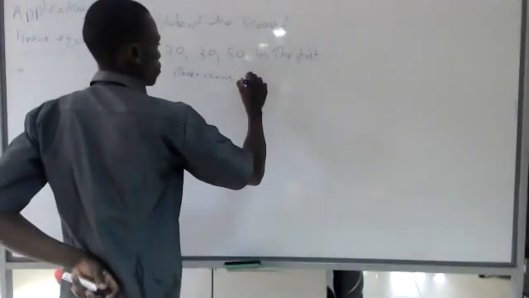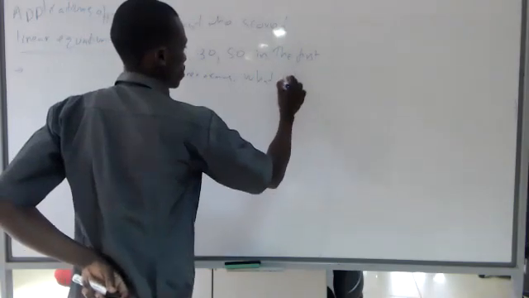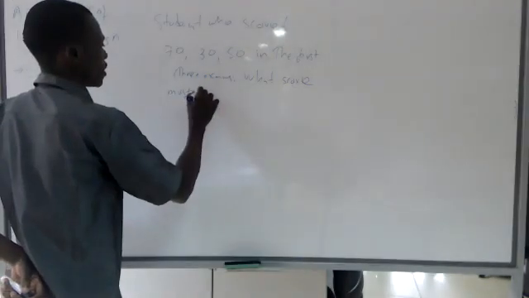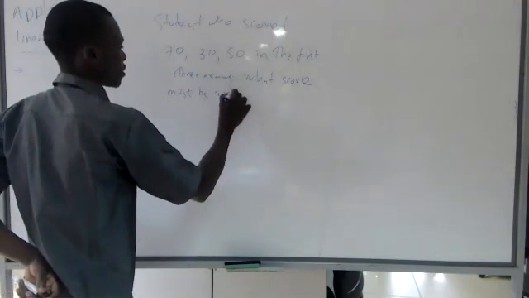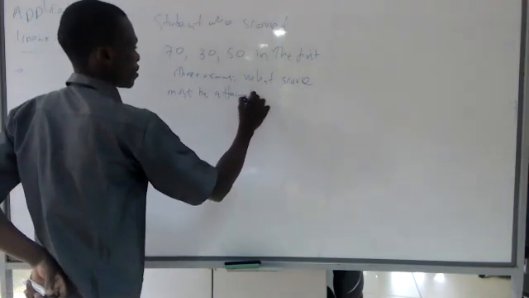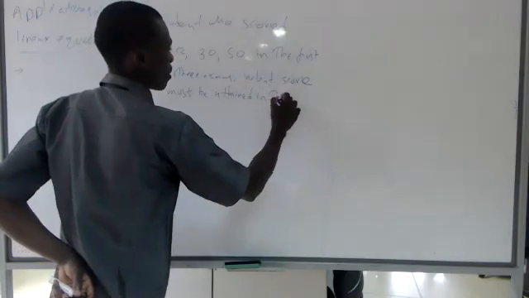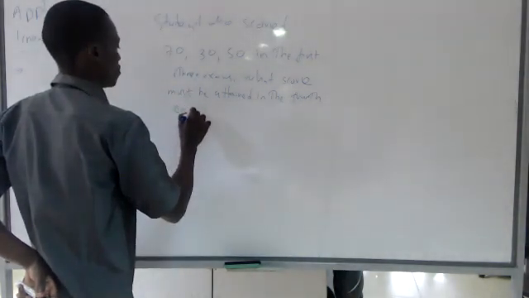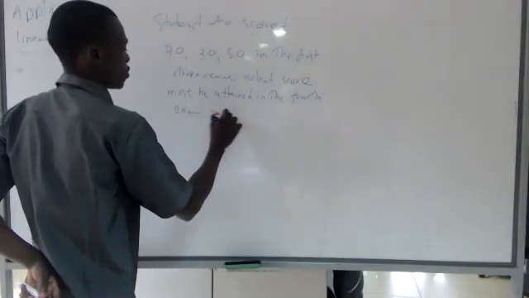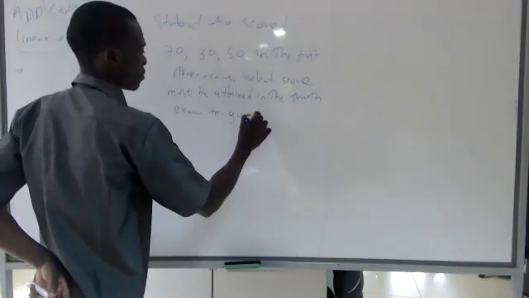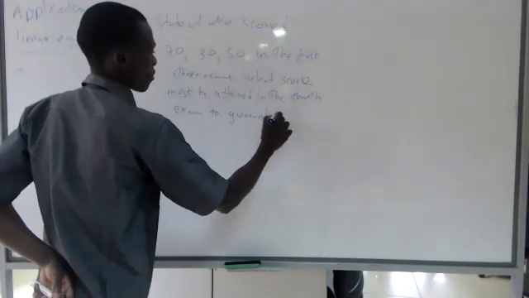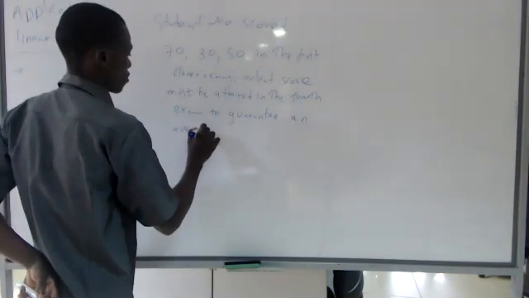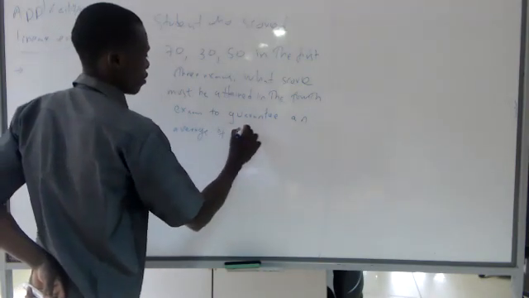So the question is, what score must be attained in the 4th exam to guarantee maybe an average of 55%?